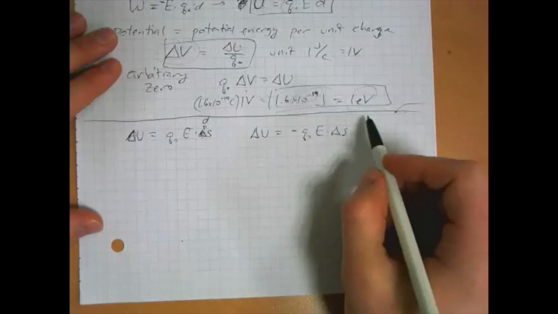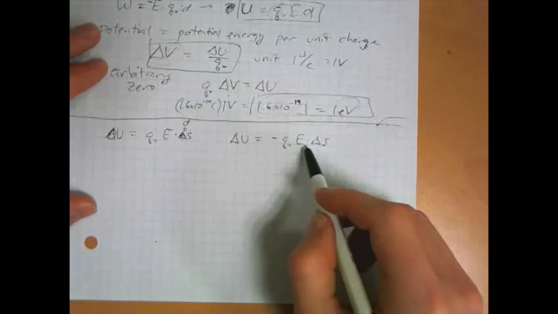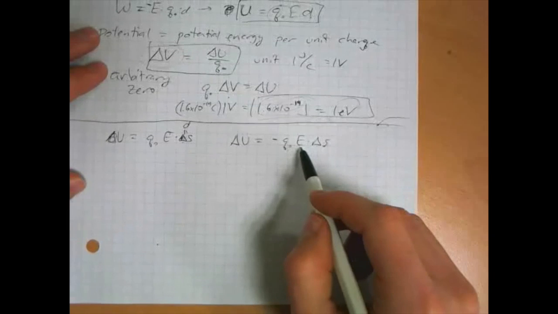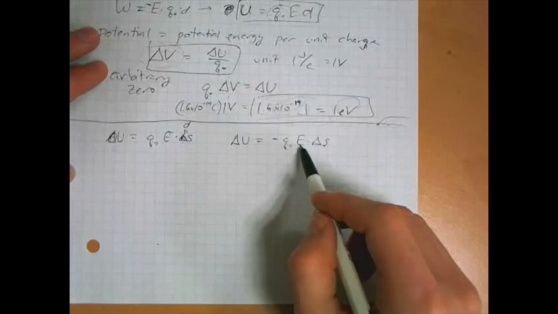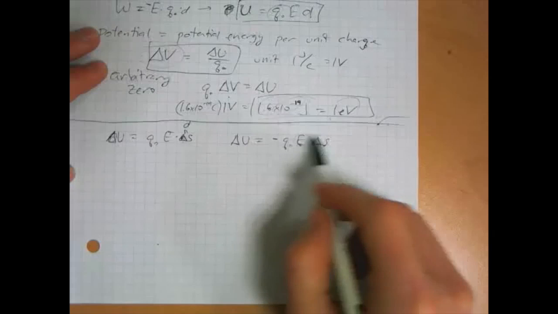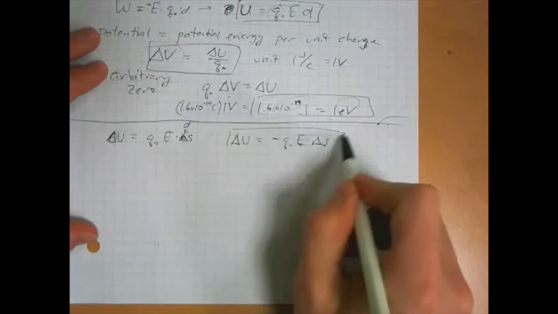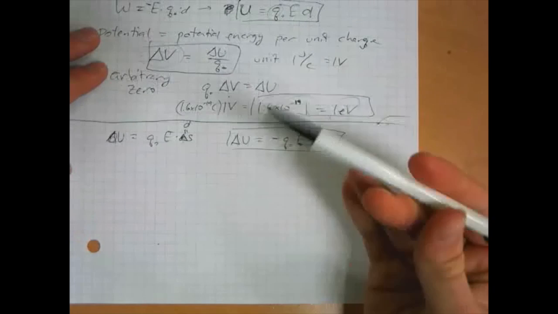So this is for a displacement going against the E field, but it makes more sense to do it this way, because if the electric field and the displacement are in the same direction, that is a decrease in potential energy. So that's why we define our change in potential energy this way.